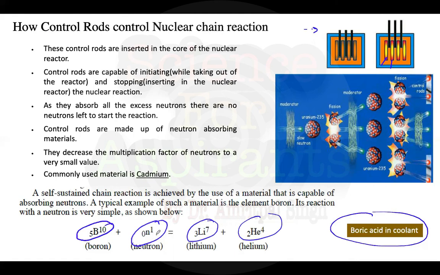Since the neutrons are absorbed, no neutron will interact with the uranium fuel any longer, and our nuclear reaction gets stopped, or we can control it depending upon what percentage of boric acid we add as a coolant.